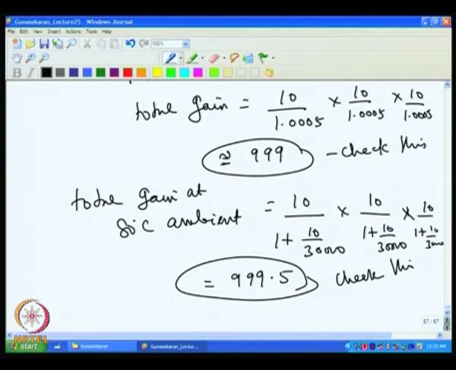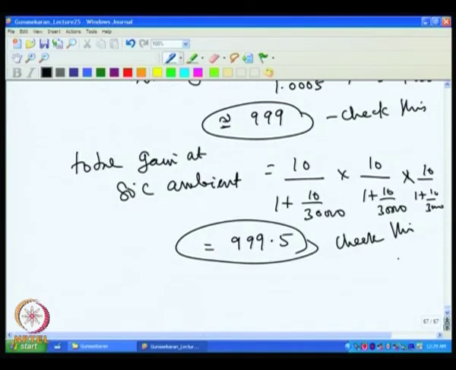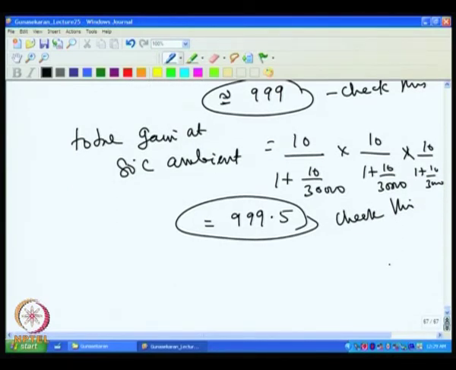So, it is a better option to have higher gain obtained from many stages rather than a single stage. That will make the gain error also small and the gain change also very small.